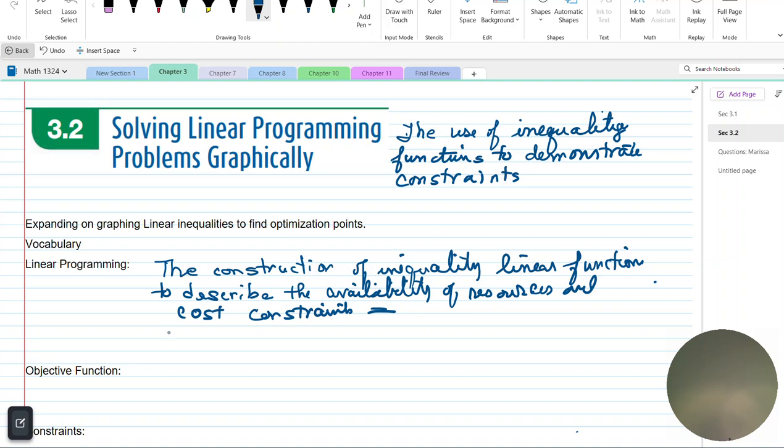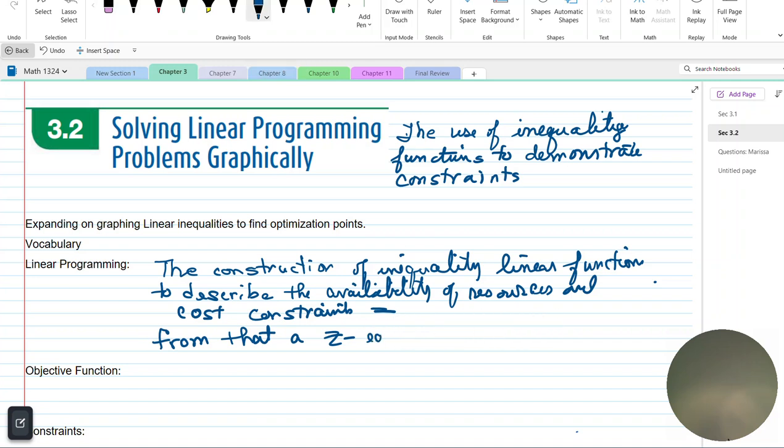All right. And then from that, a z function is included. Actually, it's not a function. I should change that.